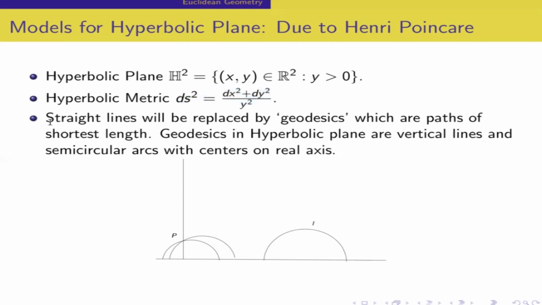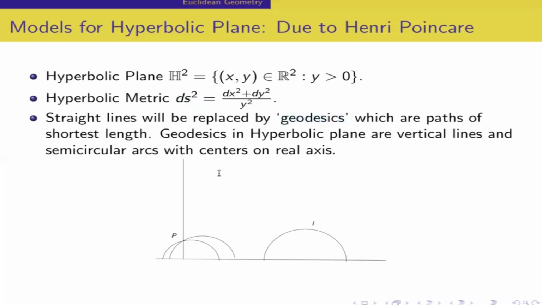Okay, so here straight lines will now be replaced by geodesics. What is the meaning of geodesics? Geodesics are paths of shortest length.